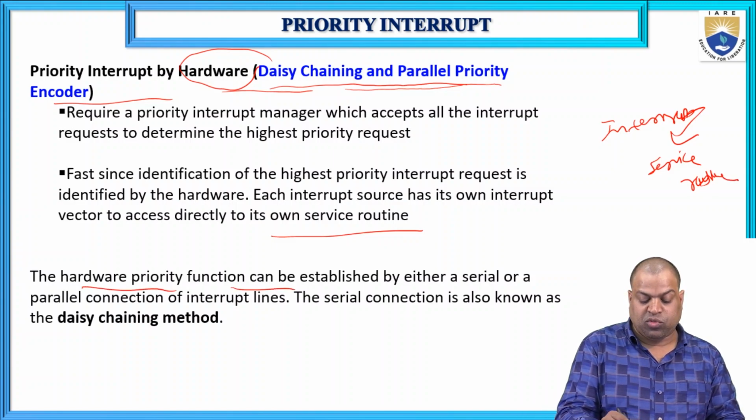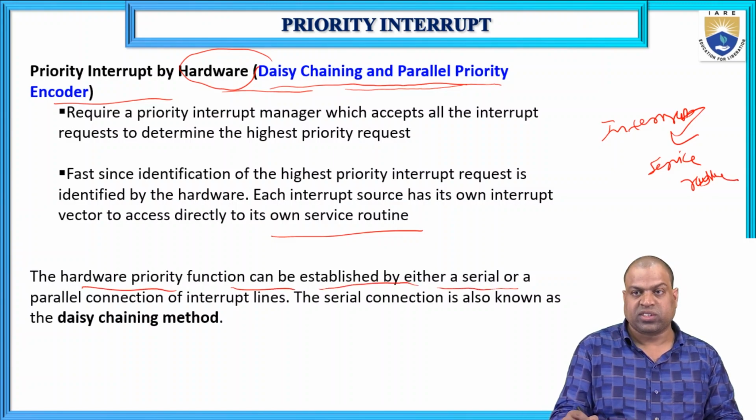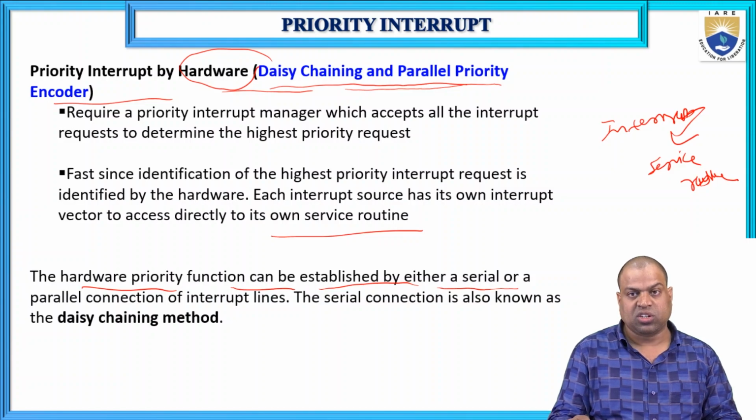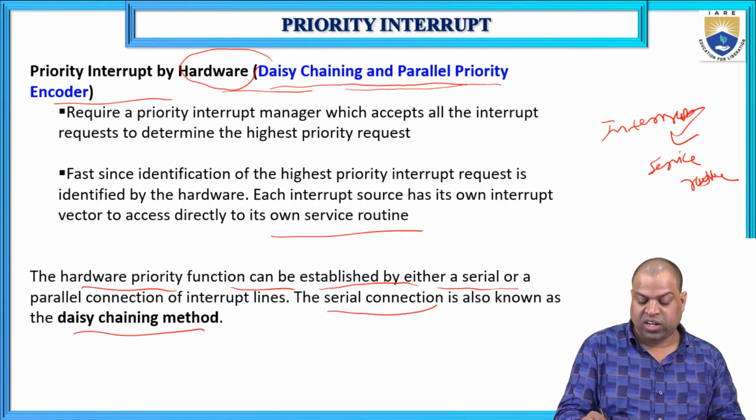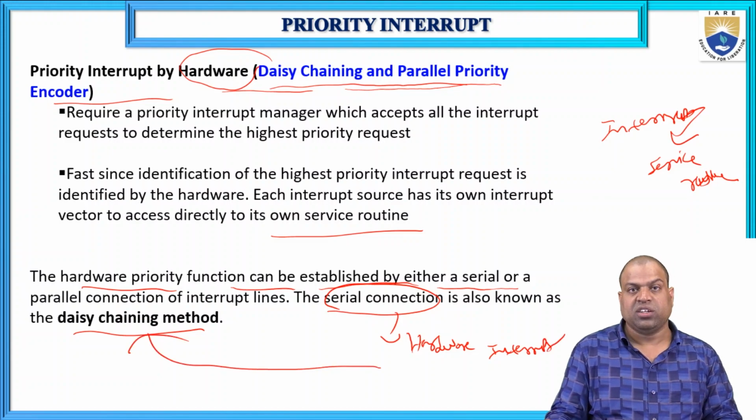The hardware priority function can be established by either a serial or a parallel connection of interrupt lines. The serial connection is also known as the daisy chaining method. So the serial connection of hardware interrupts is called the daisy chaining method.